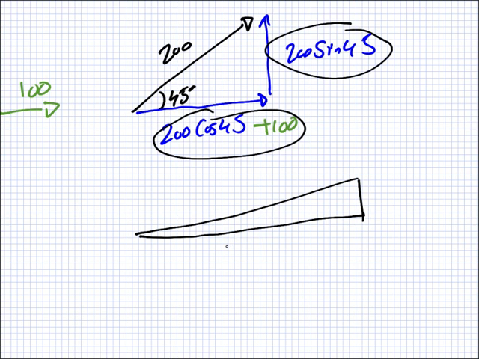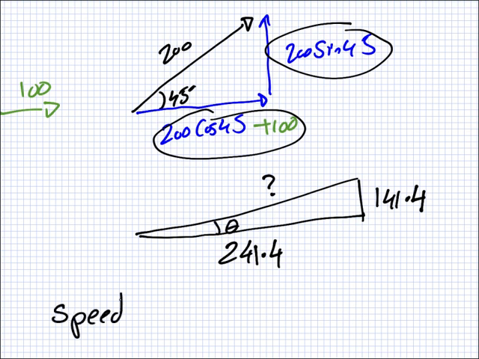241.4, and then this side? 141.4. We want to know the magnitude and the angle. So what is the speed, the magnitude? It'll be the square root of this squared plus this squared.